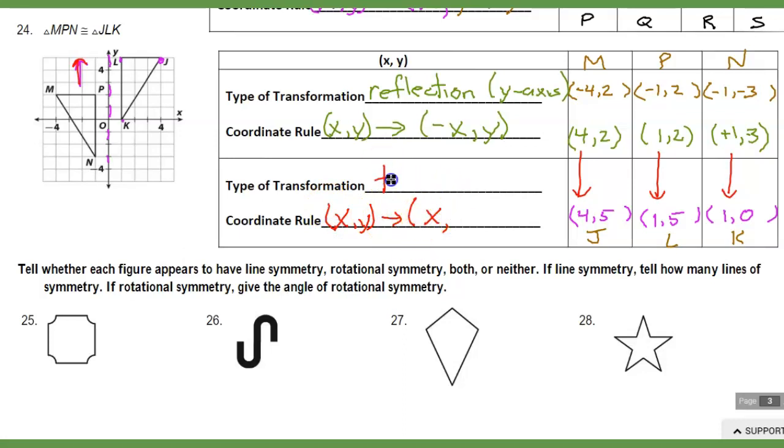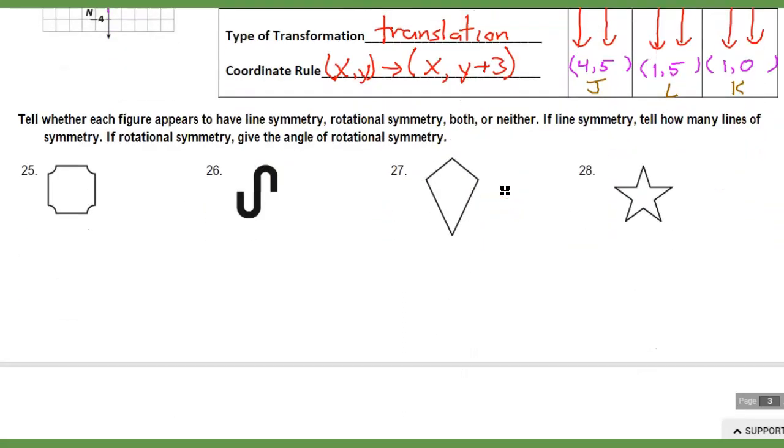All right, this is the translation. But my y values go from 2 to 5, 2 to 5, negative 3 to 0, all raised by 3. There we go.